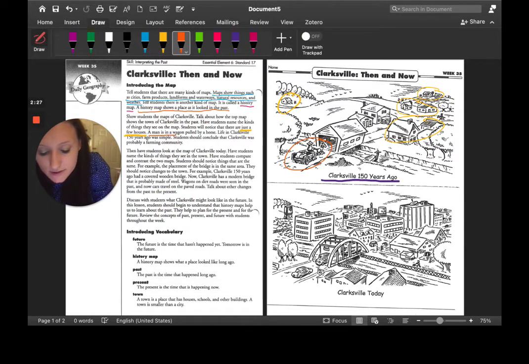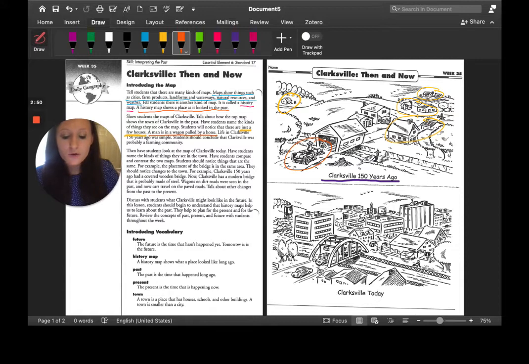We see that life in Clarksville 150 years ago was pretty simple. From this map, we can conclude that Clarksville was probably a farming community 150 years ago.